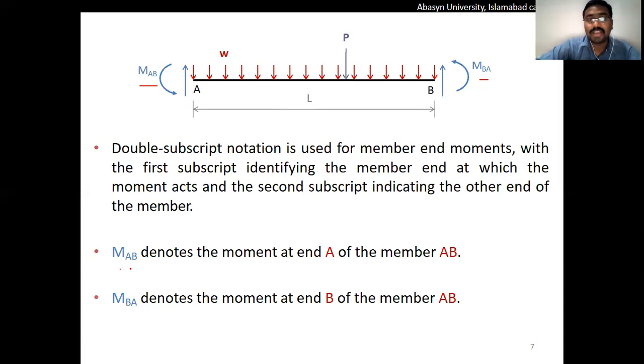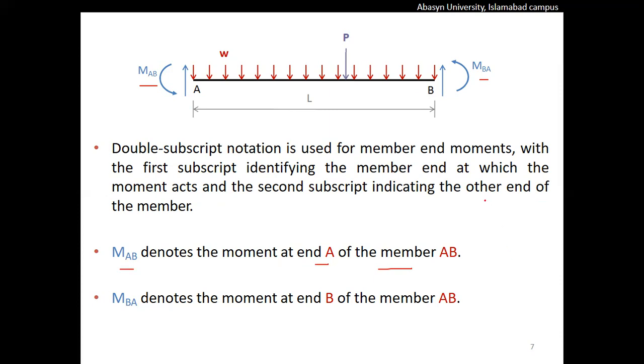As mentioned here, MAB denotes the moment at end A. The first subscript indicates the location where the moment has been generated, the near end, and the second subscript indicates the far end, the entire member or span where the moment has been generated.